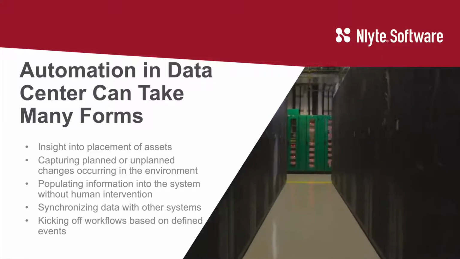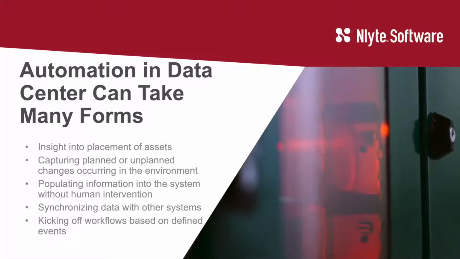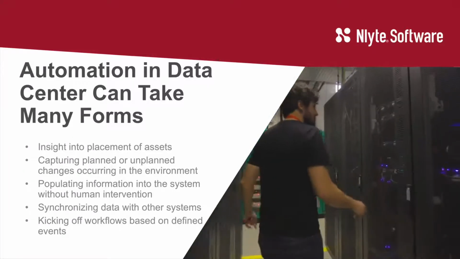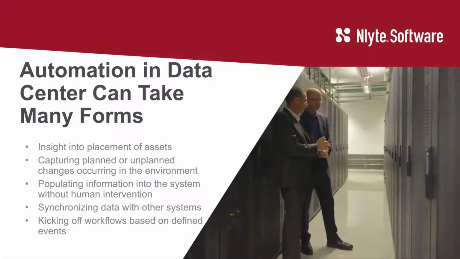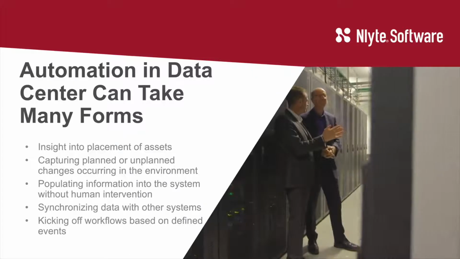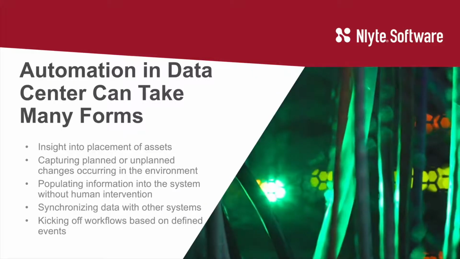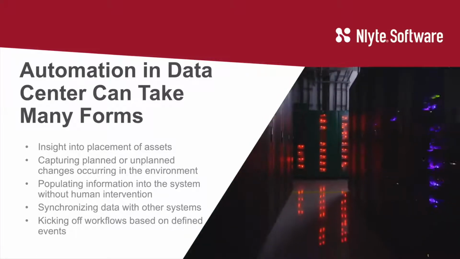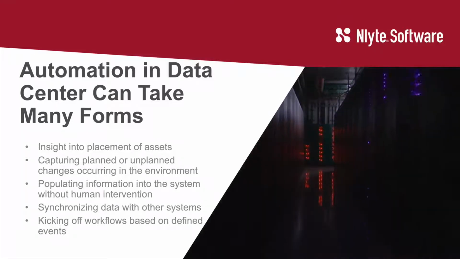So in the data center, automation can take many forms. As I said, it's really focusing on how you help people do their jobs more efficiently and more quickly by taking tasks that normally a human would do and automating them in some shape or form. It could be insight into the placement of assets so people don't have to figure out what the constraints are and what the proper location is.